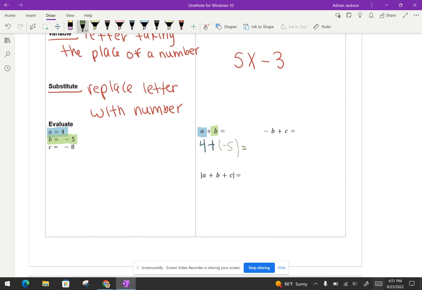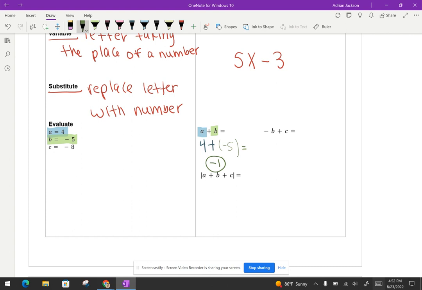You have to go back to our other notes to remember how to do your operations, but this would leave me with -1. So that is my answer. And I do have an equal sign here, but there's nothing on the other side of it. It's just to show you that I'm looking for an answer.